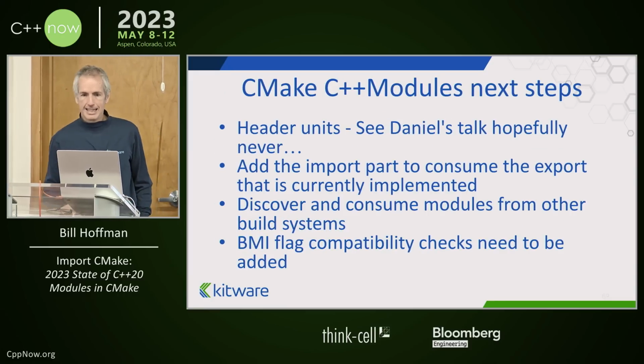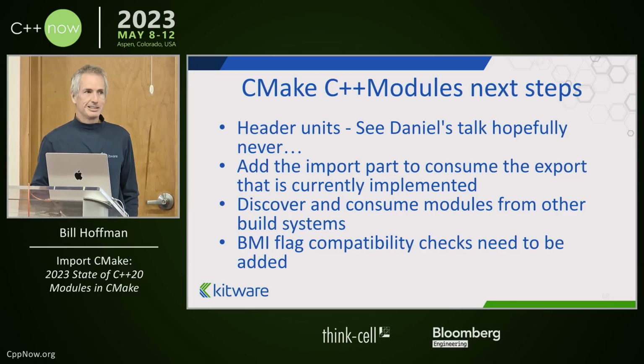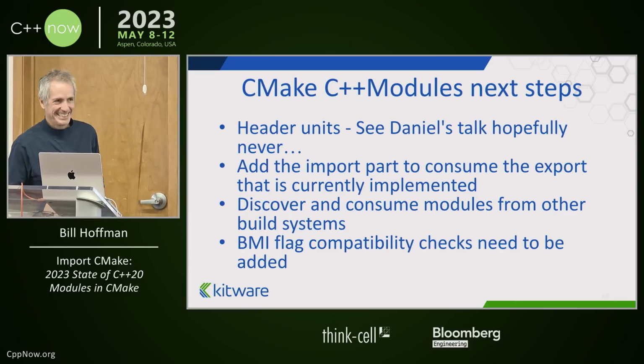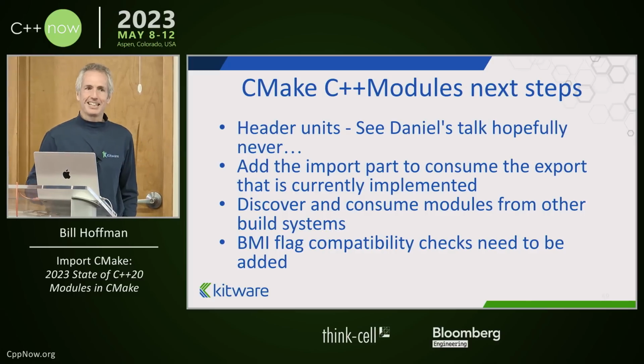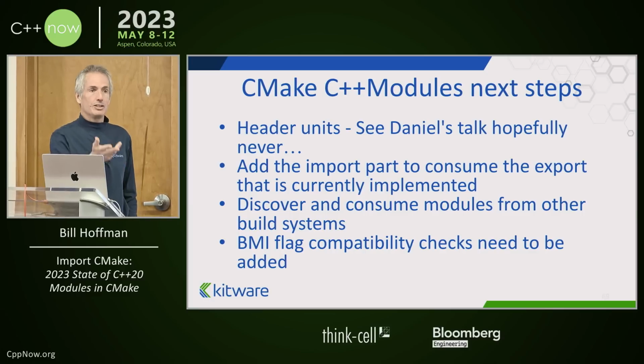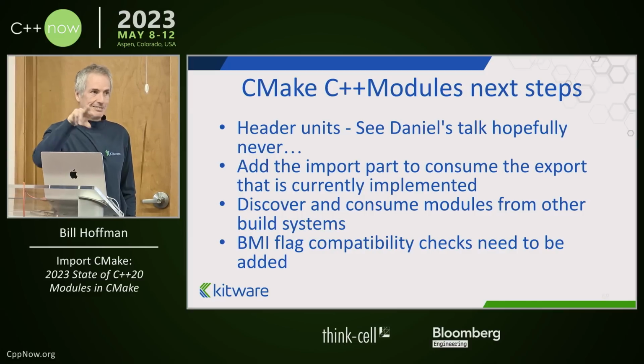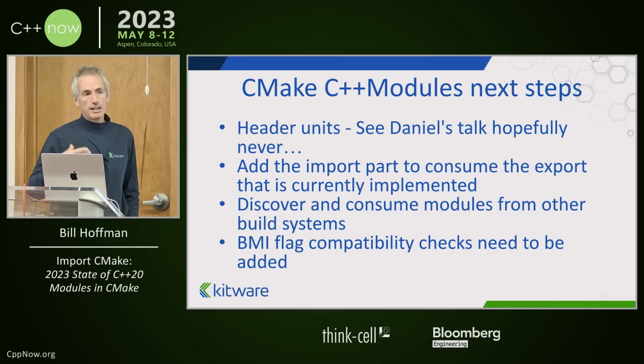So what are the next steps? Header units. If you see Daniel's talk, hopefully never. Or something's got to change. So even doing something like import std, we might have to redo the BMI on that. So CMake, we are going to add some support to handle things like that.